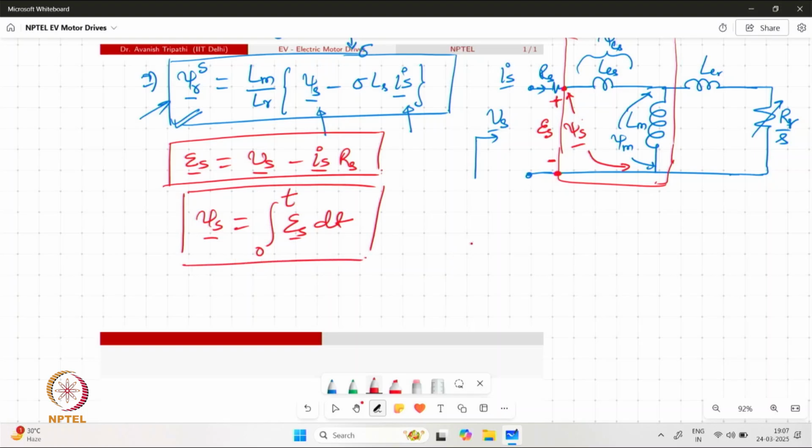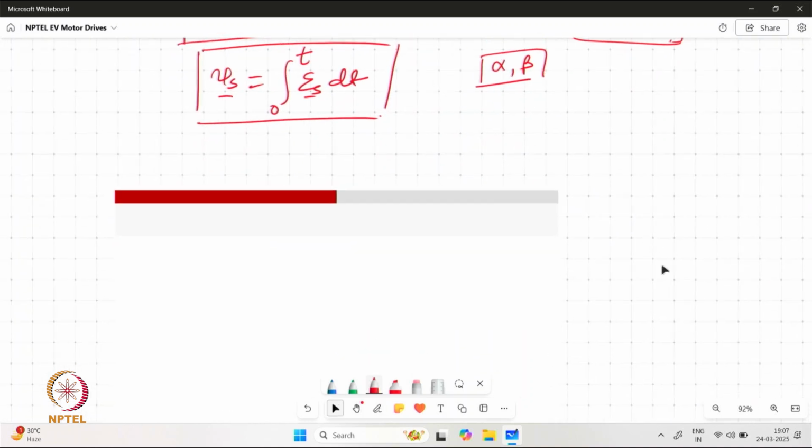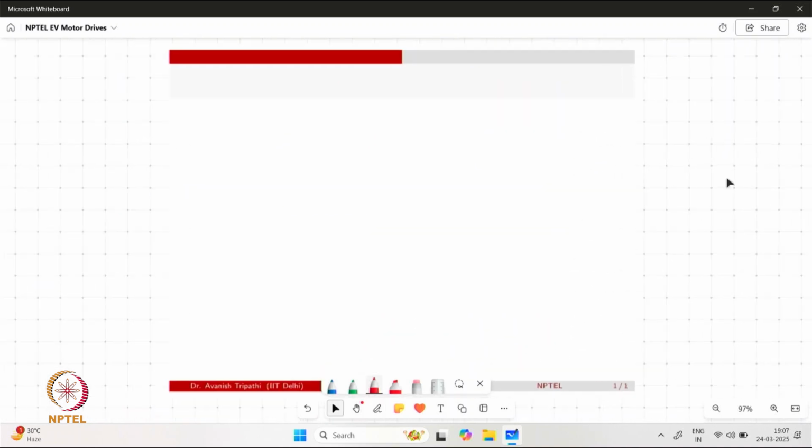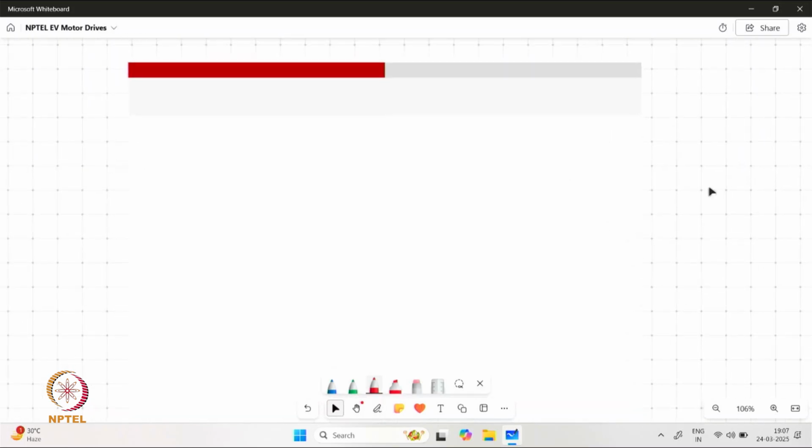At this point we can take out the components of the rotor flux vector and stator flux vector in the alpha beta frame of reference, and we can eventually draw the block diagram for this whole exercise.